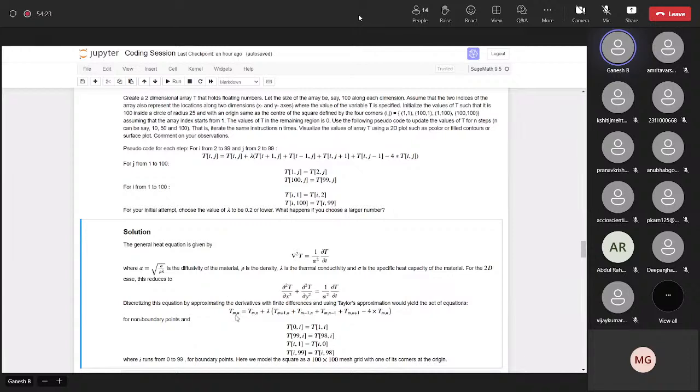In the real world, everything is a continuous spectrum, so it's much more apt to deal with derivatives there. But to simulate something like this, we will discretize it as a huge number of points, that is 10 to the power 4 points here, and describe the differential equation in a discretized way.